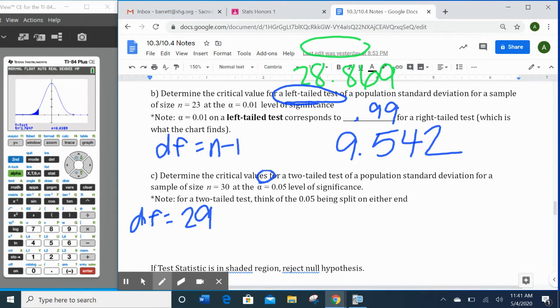There are going to be two of them, and I'm going to think of splitting the 0.05 on either end, so that's 2.5% on each side. It's chi-squared, so it's not normal, but I'm going to look for the 0.025 mark, and then the 0.975 mark, because that's 2.5% on each side.